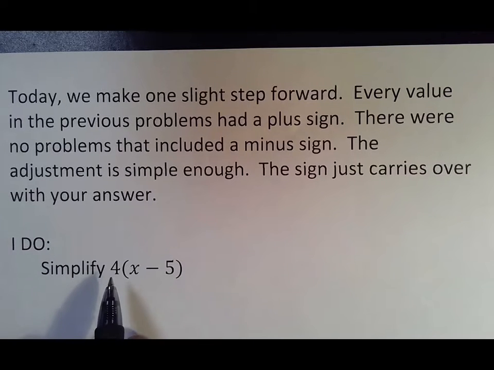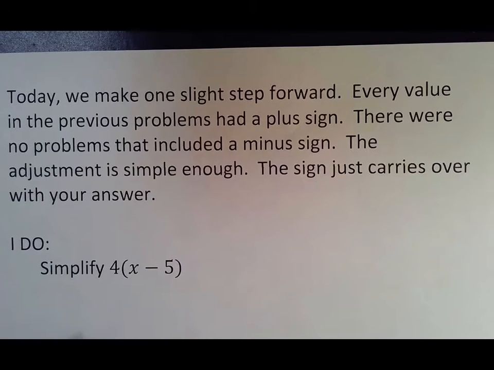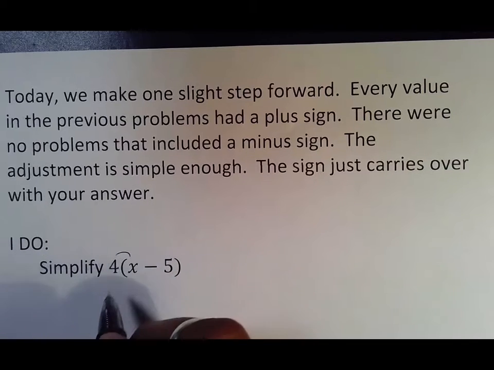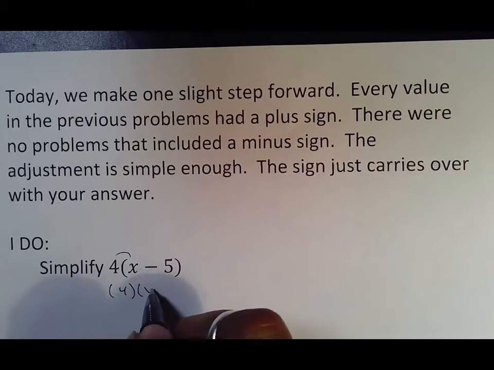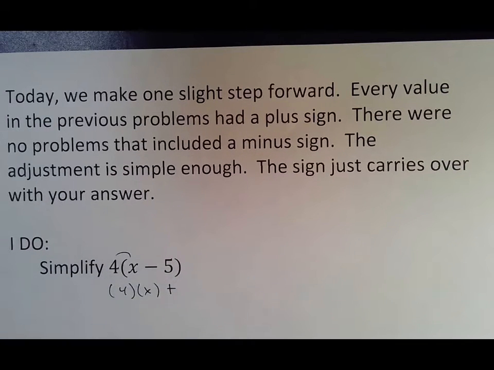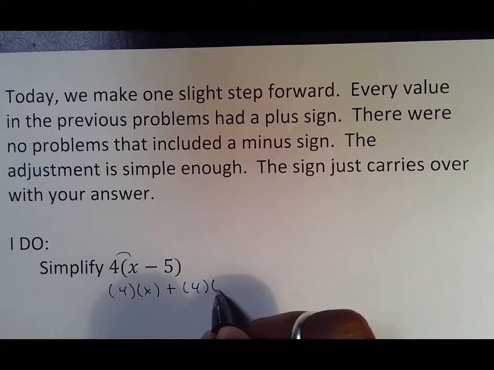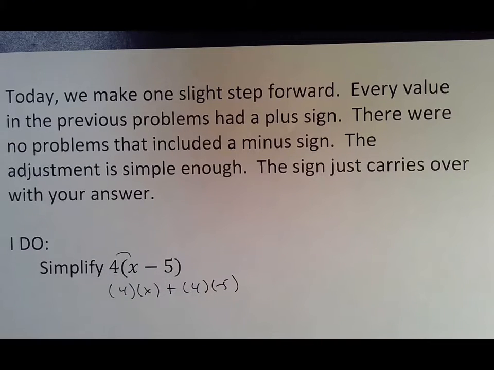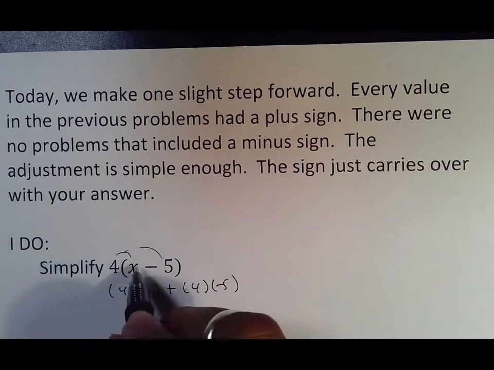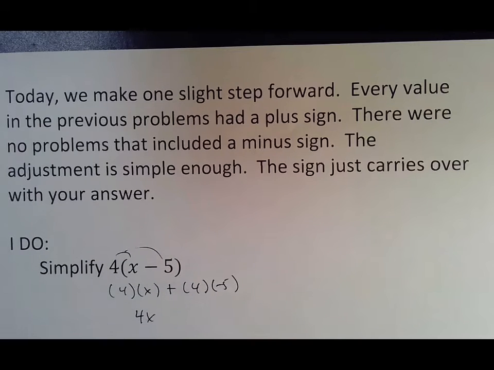When we look at this, we have 4x minus 5. We have 4 meeting x, and we'll still use a plus, 4 meeting negative 5. So what we get here is 4 times x is just 4x. And then 4 times negative 5. Now this is where we'll start to get into our negative multiplication.